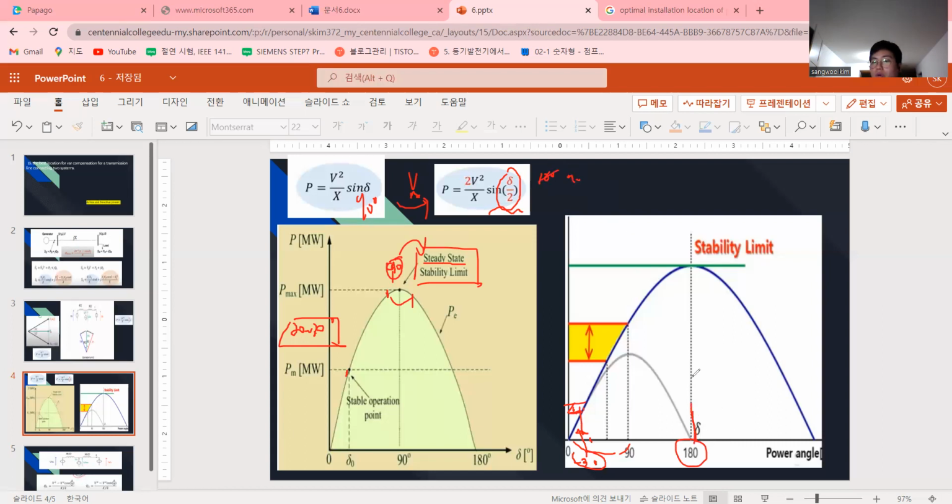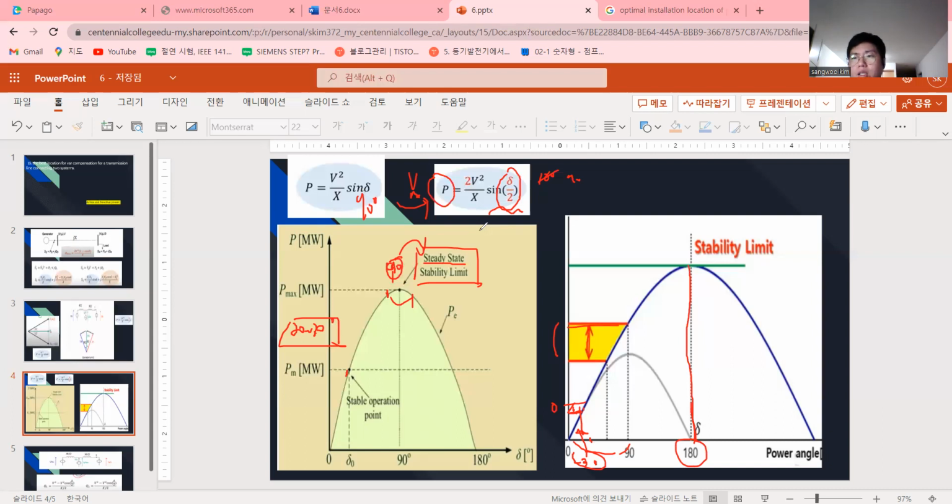But even though we cannot go over 90, what happened? We could operate at this point, compared to here and this point. Different, right? The stability is increased, you know what I mean? And then the P power being sent is increased, double, right?